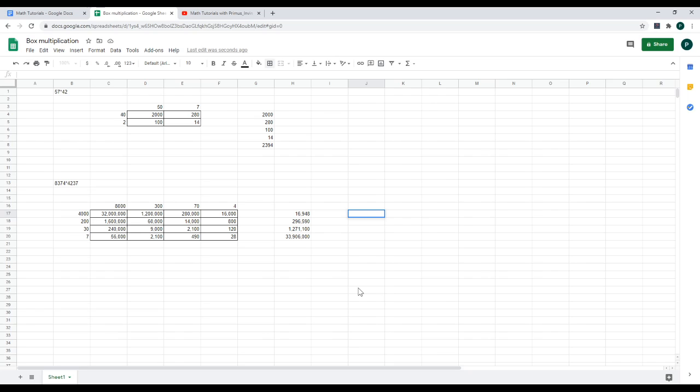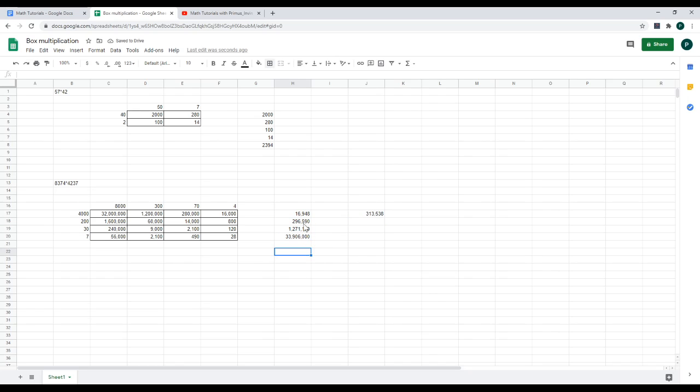So what we have to do is add 3,410, which we subtract from 16,000, and we get 13,538. 313,538. So that's the total for these two rows.